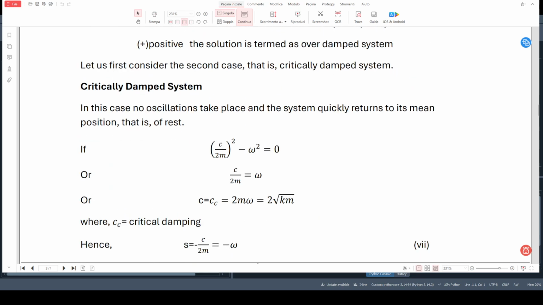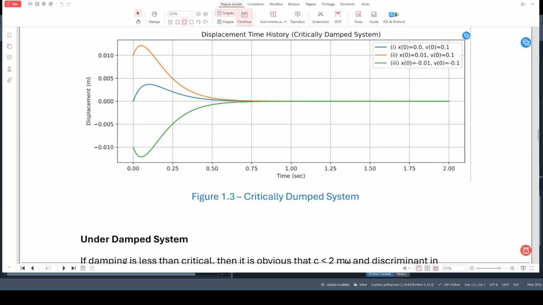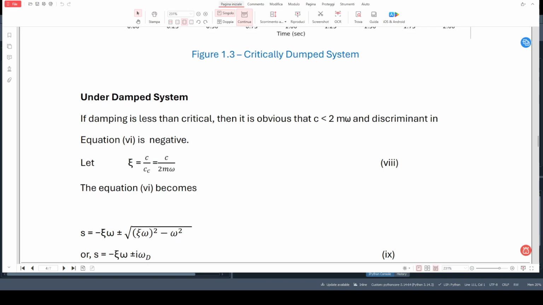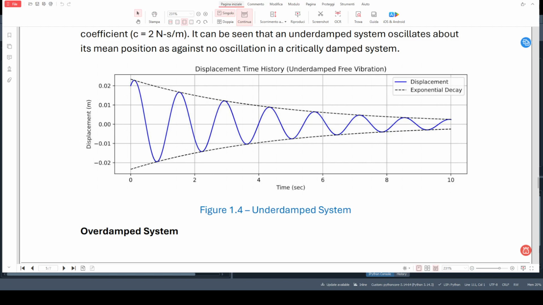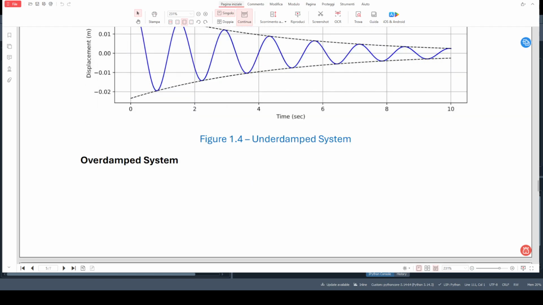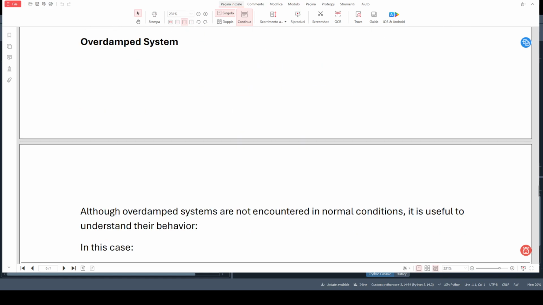In the last videos we showed the critical damping system, and this is the graph of the displacement, and the underdamping system with this graph. Now we can see the overdamping system.